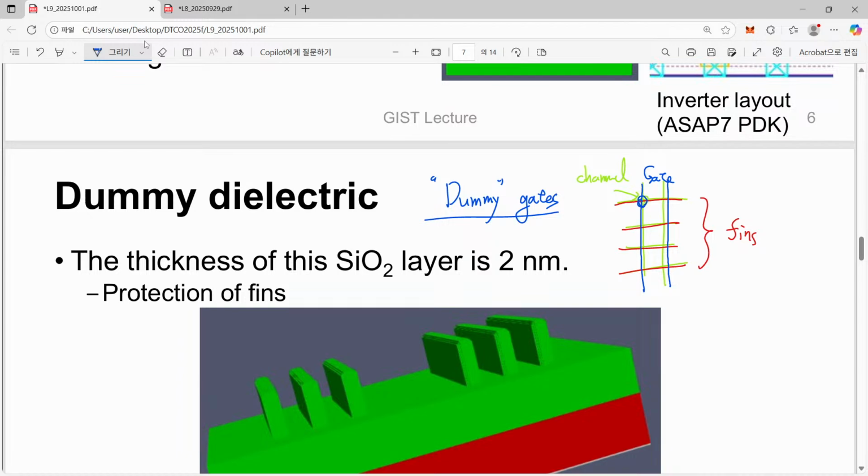They are used as just a placeholder. So this part will be the channel, so please do not touch this part. This part will be covered by dummy gates. That is the role of dummy gates.